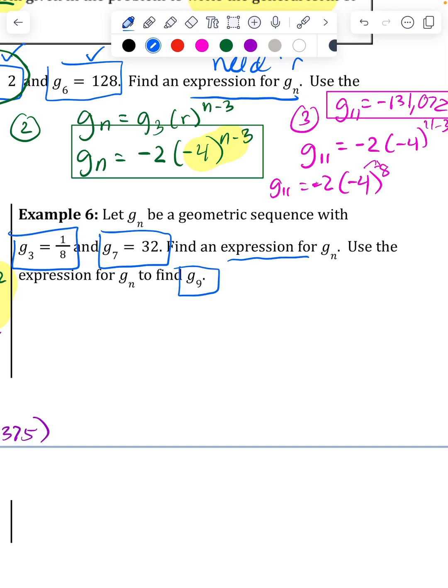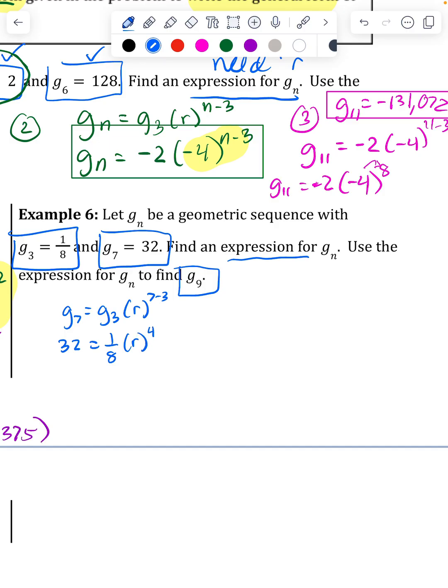All right, I'm going to do mine so that I end at G7 and I start at G3 because G7 is farther down the road. I'm going to use my R, 7 minus 3, which is obviously 4 times to get there. What do I know? I know G7 is 32. I know G3 is 1/8. I do not know R, and I know 7 minus 3 is 4.